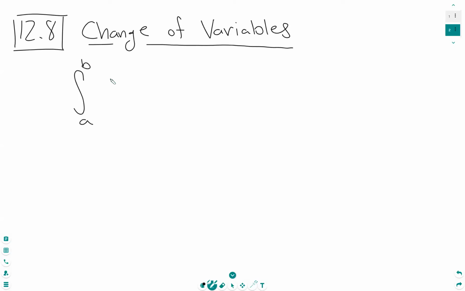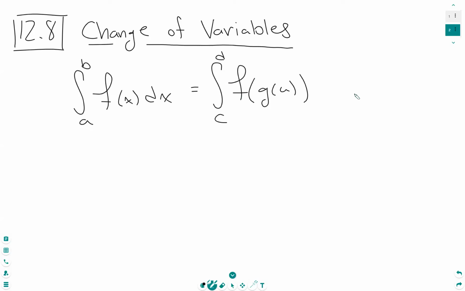So if I go from a to b, and I have f of x dx, I can rewrite this as the integral from c to d of f of g of u, g prime of u du. So that's a u substitution, right?